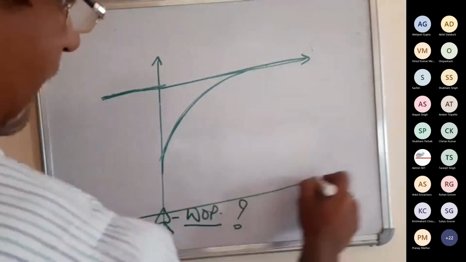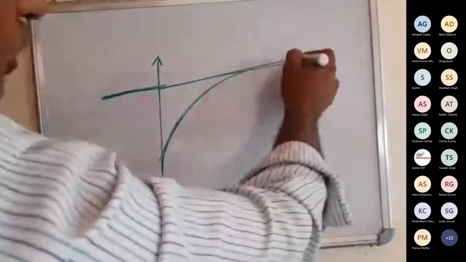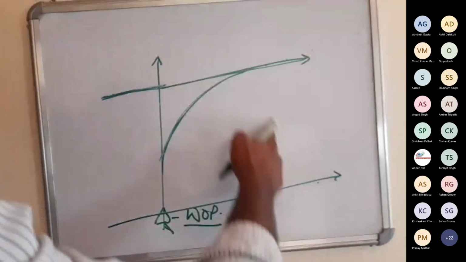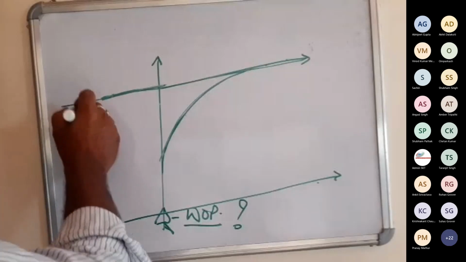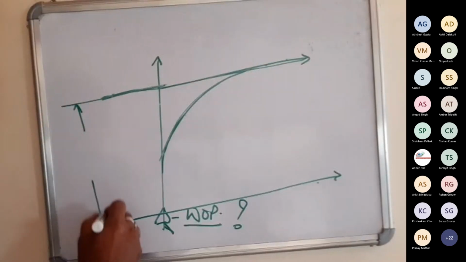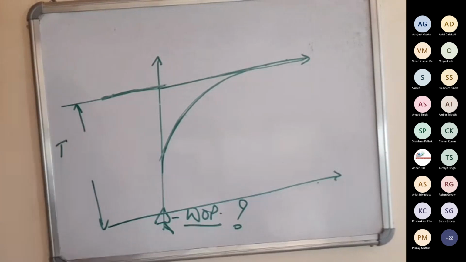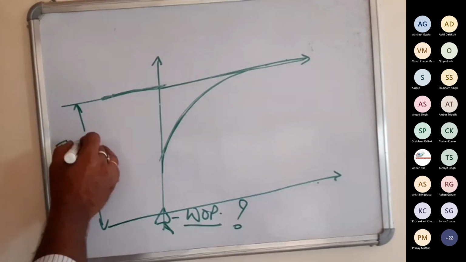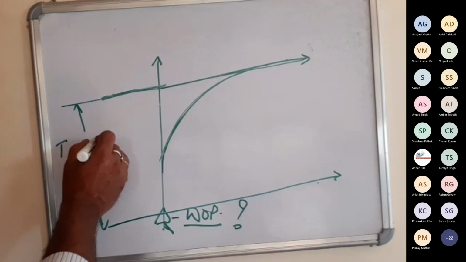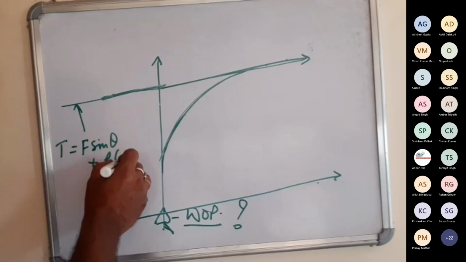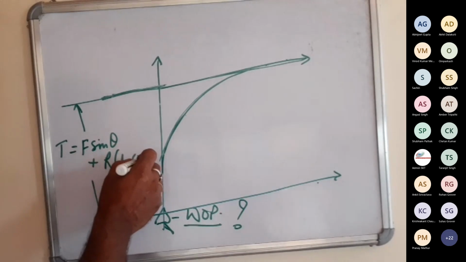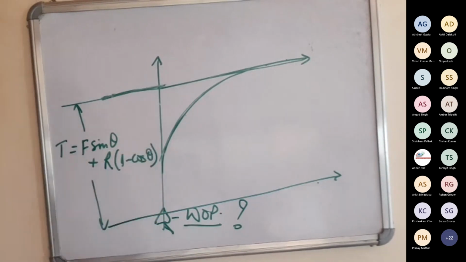This line should be parallel to the final course, and the distance between the two is denoted by t, where t is equal to F sin theta plus R into (1 minus cos theta).